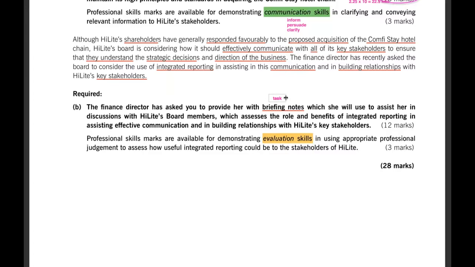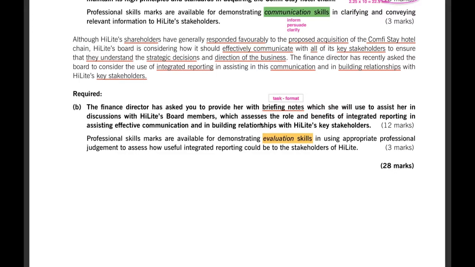That's your task. Then the format that you're supposed to have, which she will use to assist her in discussion with the Highlights board members.